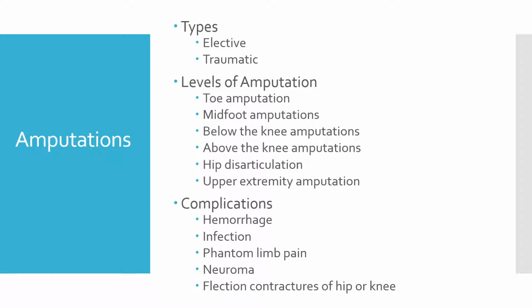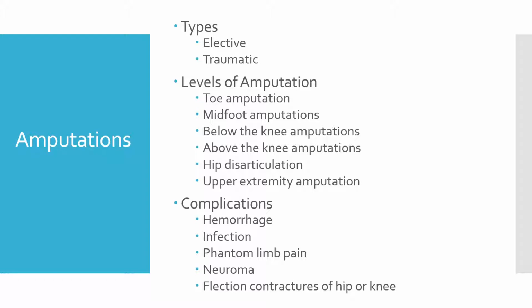Amputation is removal of the body part. There's different types. You have elective or traumatic. Elective is related to complications such as peripheral vascular disease, arteriosclerosis, or diabetes.